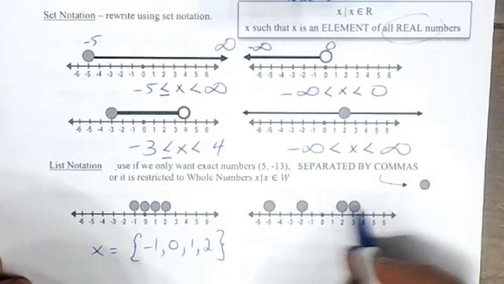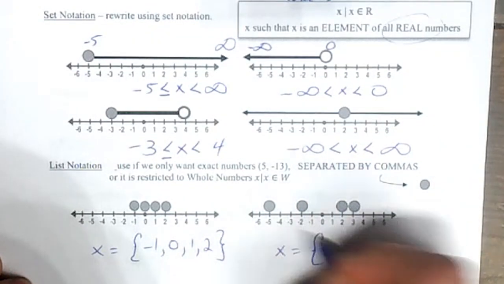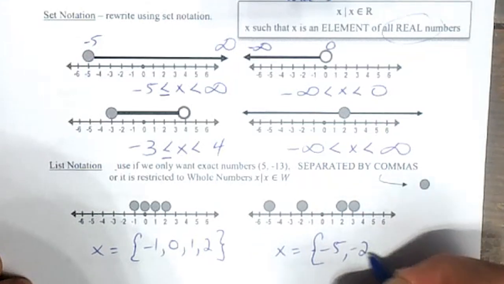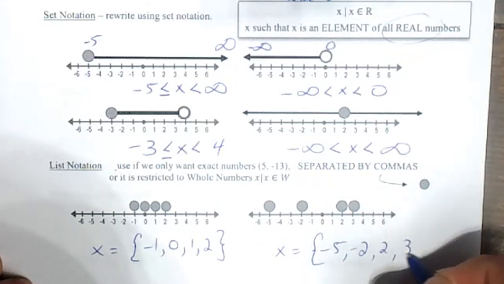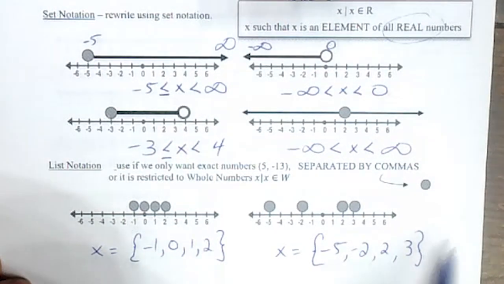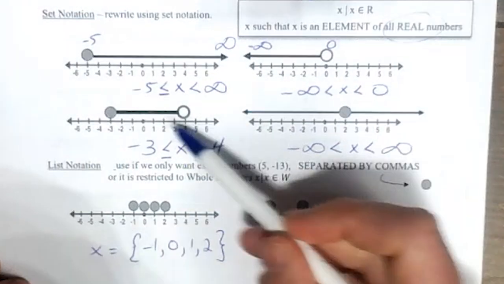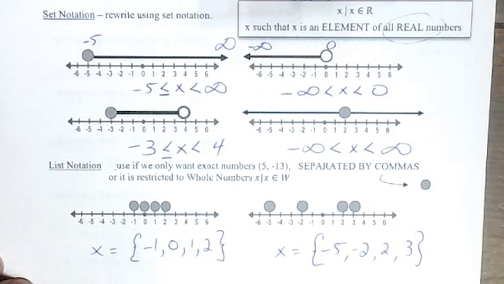This one, I've got 4 options again. And that's it. This is list notation when there's no line in between. Set notation is where we have a line and it's all real numbers in between our boundary points. That's it.